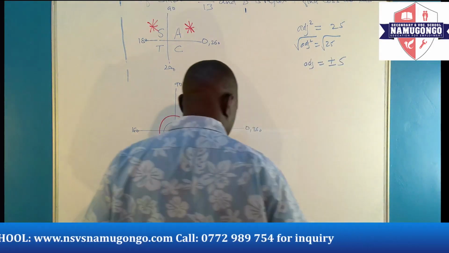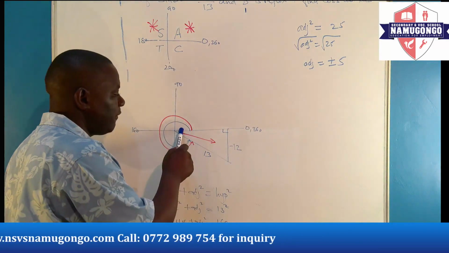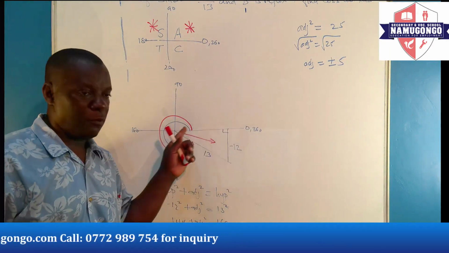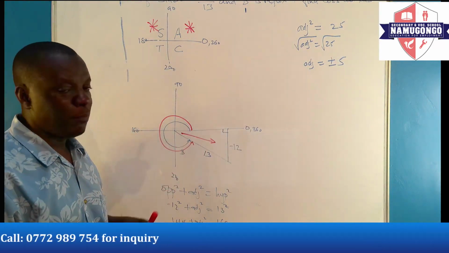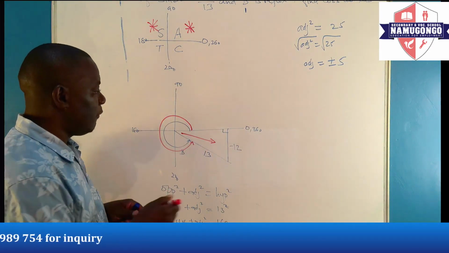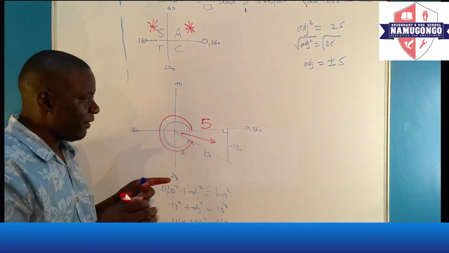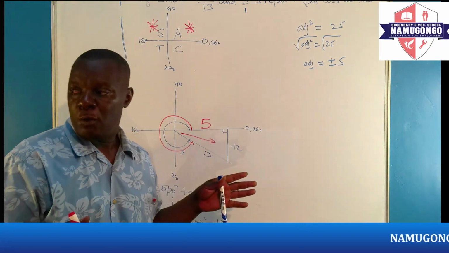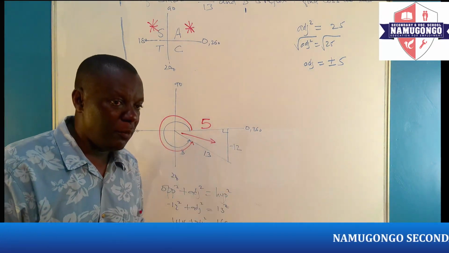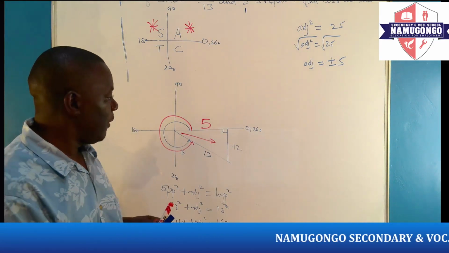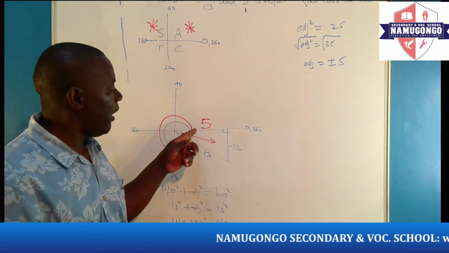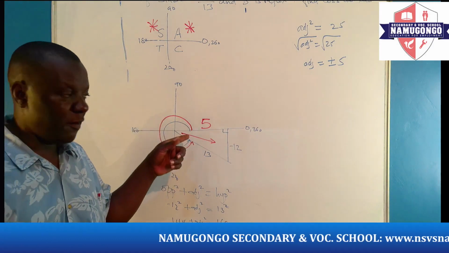We now come here. This side is to the right of the origin, so it cannot be negative. Today it is going to be 5. I chose this number such that you can see when we use negative 5 and when we use positive 5. So today our adjacent is positive 5.